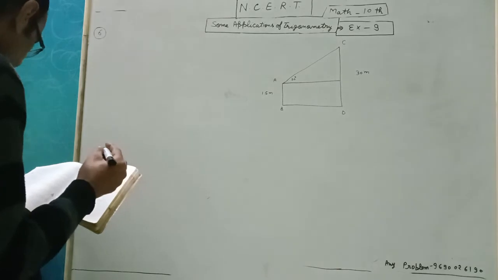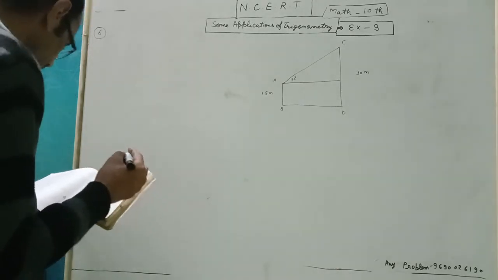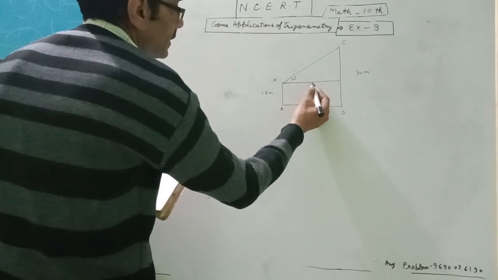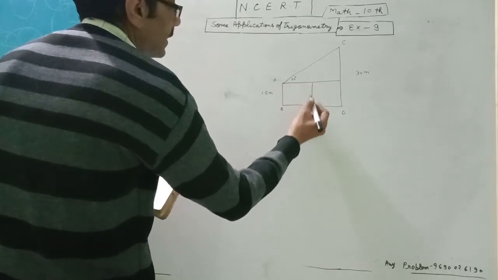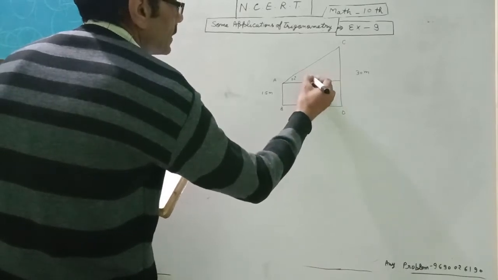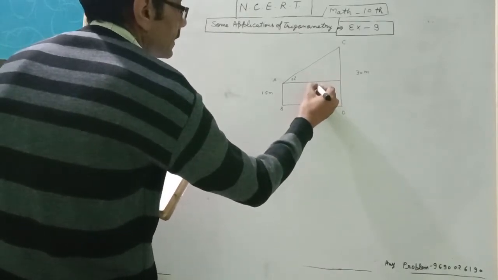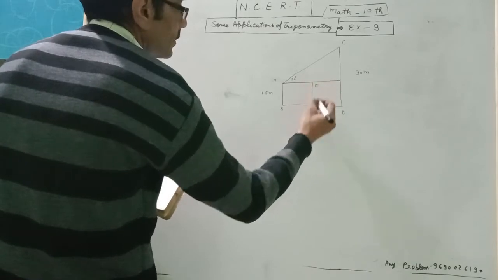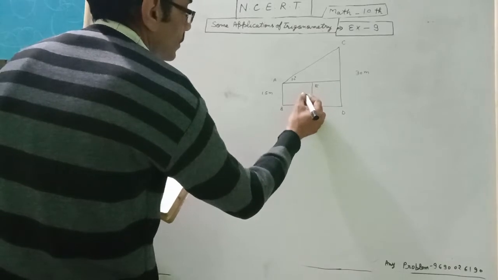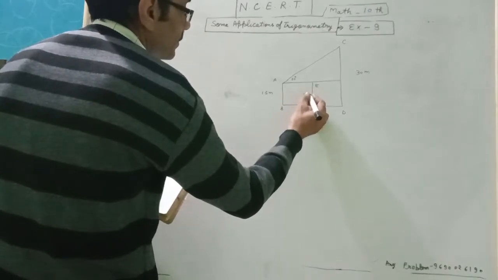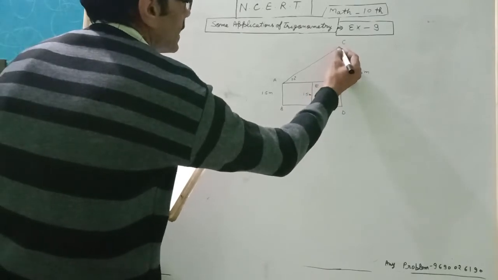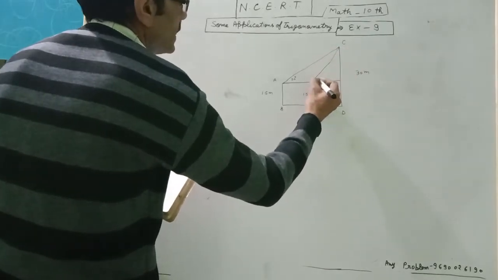Then the boy walks some distance and reaches the point E. The elevation angle this time is 60.